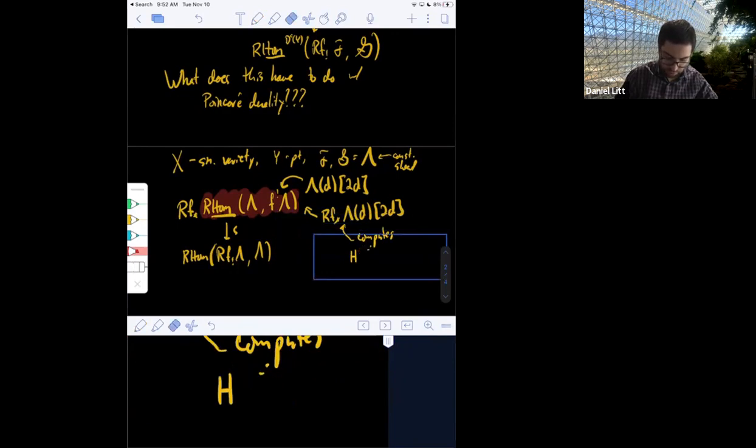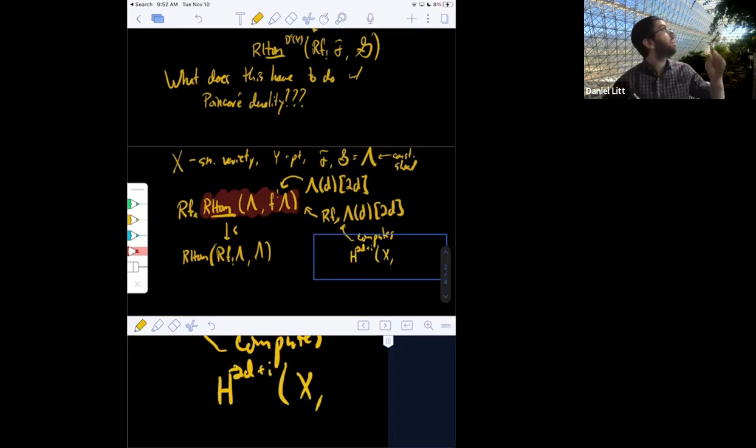Let me quickly check which direction it is. Yes, so in negative degree. The cohomology of this in degree I is H of negative 2D plus I of X with coefficients in, wait, sorry, this is in negative degrees.